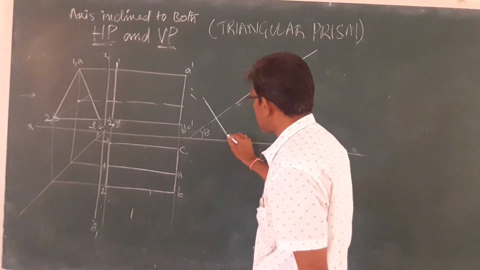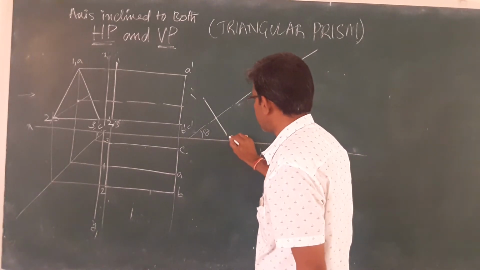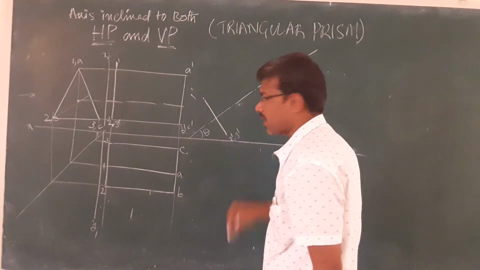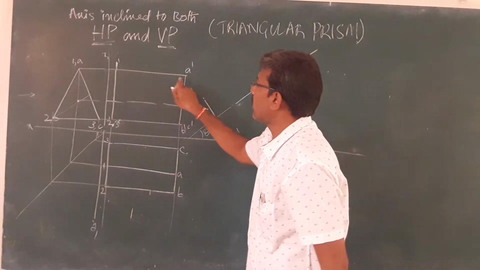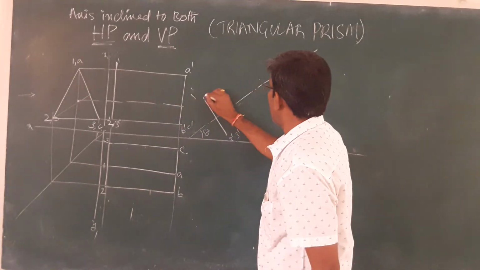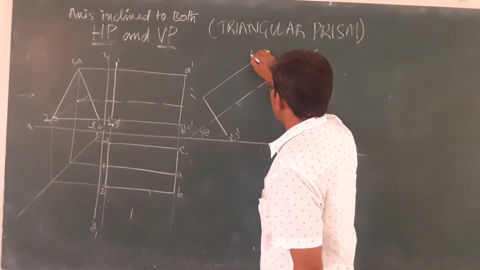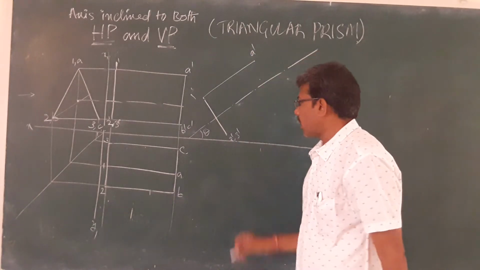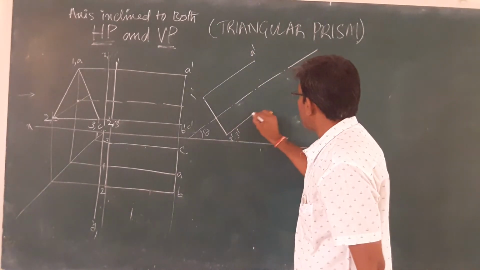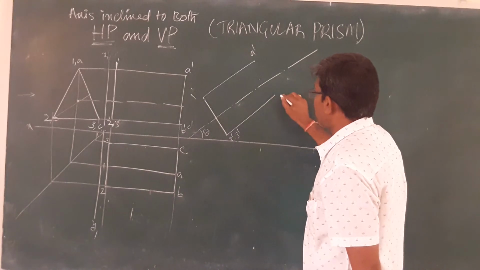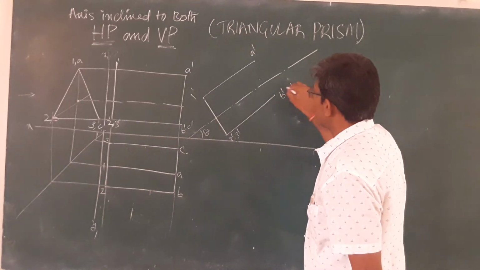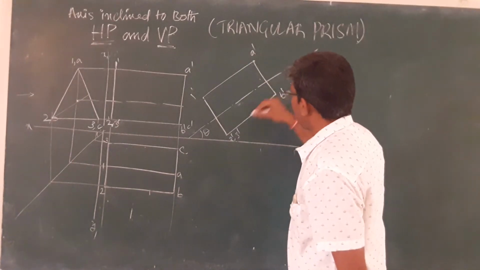And this is 2 dash comma 3 dash. And whatever the length of the object is, simply I will draw a line here. I will put it as A dash. Then next I will draw another line here. I will put it as B dash comma C dash and I will close it.